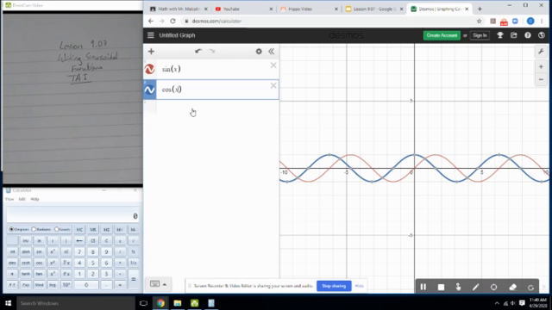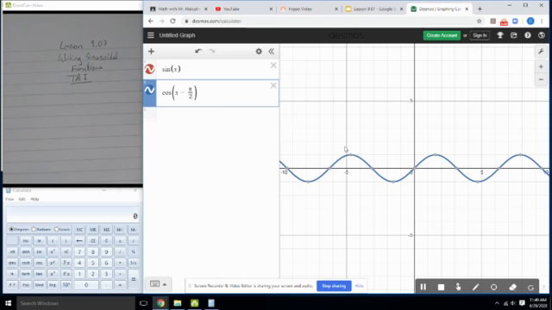So in this case, we're going to have to do minus pi over 2. As you can see, if we did that, then we just moved it over to the right. Just keep in mind, by subtracting you move to the right, and by adding h, you move to the left.